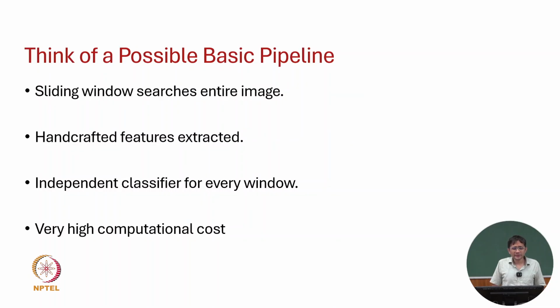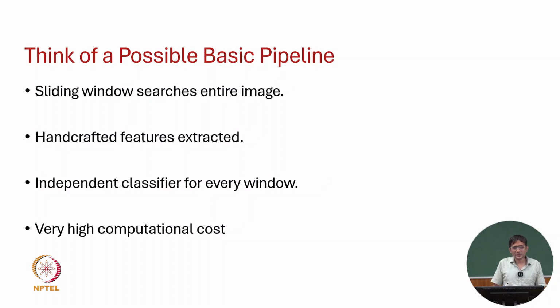Now, let us try to think of a possible basic pipeline for object detection. Let's say we have a sliding window which searches through my given image, the entire image, okay?